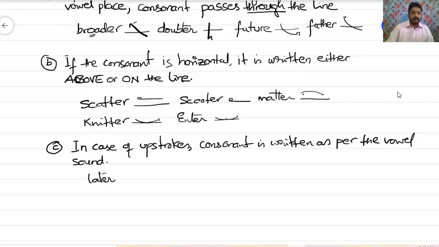Later, L-A-T-E-R, L doubled, second place.